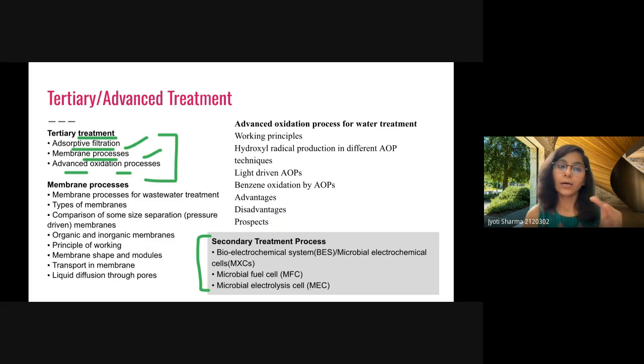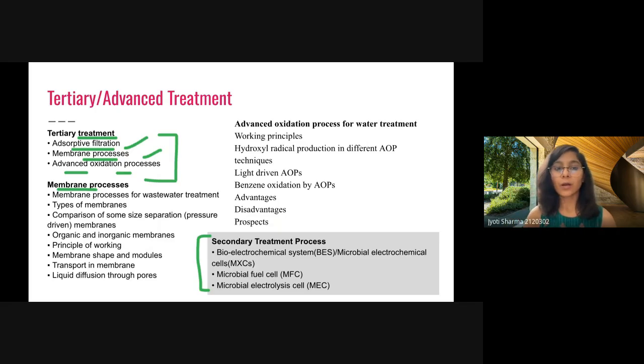Within that, we have separate, at length, MCQs on membrane processes, and we will talk about different types of membrane that we can use and what different sizes we have for that particular membrane. Then what kind of shape we have in this, and even how the wastewater will be transported against this membrane.